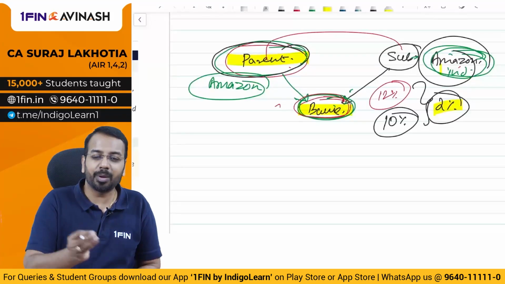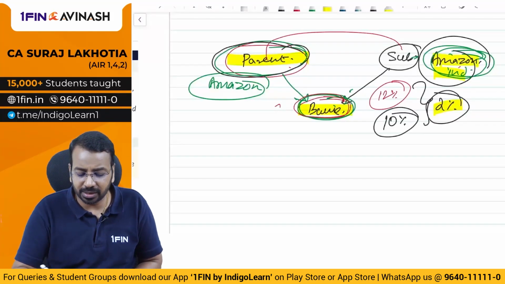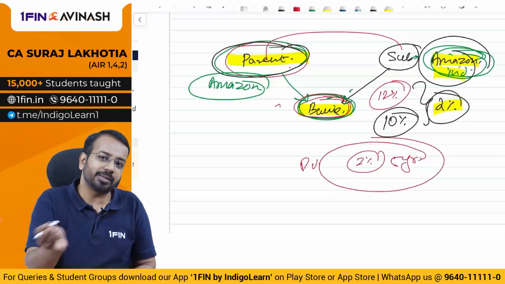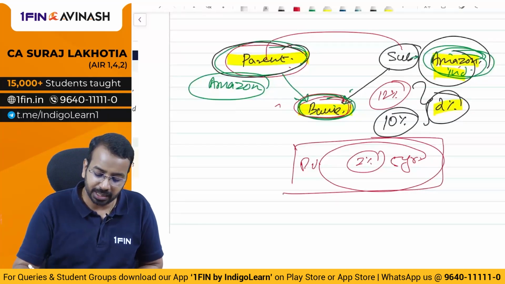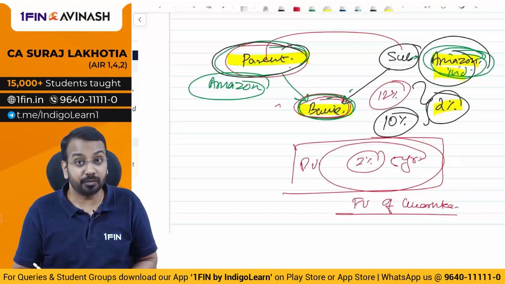How much maximum amount will Amazon India pay? Amazon India will say, I am saving 2% interest for 5 years. Whatever I have saved at present value, that is the maximum amount I will pay. So this amount that will be paid is nothing but the fair value of the guarantee.